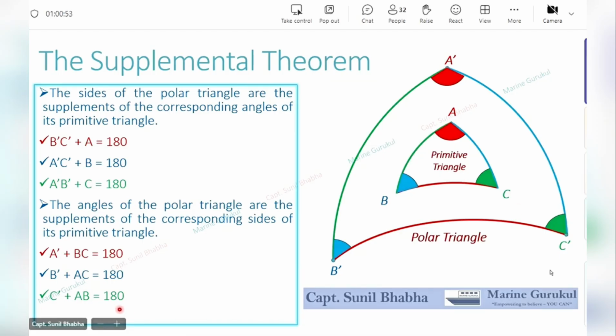This is the supplemental theorem. Now, if we know the sides of the primitive triangle, then 180 minus the side will give us the corresponding angle of the polar triangle. So if any one of the two items is known, the other item can be easily calculated using the supplemental theorem.